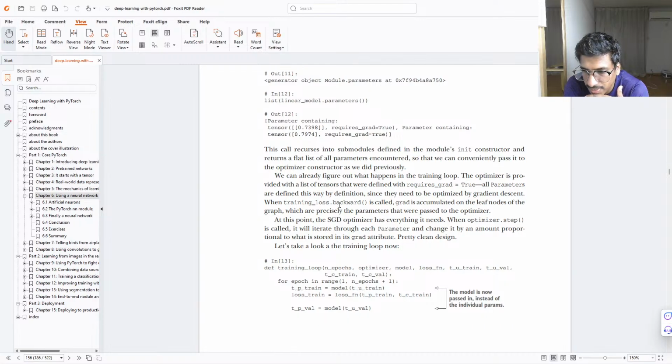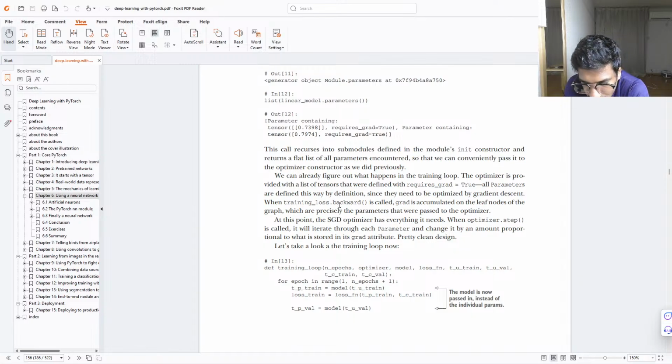Since they need to be optimized by gradient descent, when we call backward on the training loss, autograd accumulates grad on the leaf nodes of the graph, which are precisely the parameters we pass to the optimizer. At this point, the SGD optimizer has everything it needs. When optimizer.step is called, it will iterate through its parameters and change them by an amount proportional to what is stored in the grad attributes. Pretty clean design. Let's take a look at the training loop now.